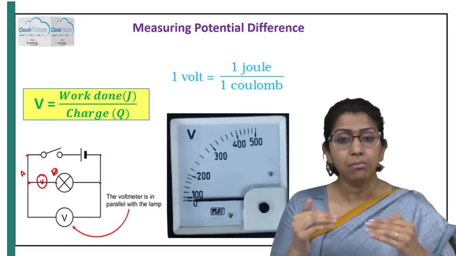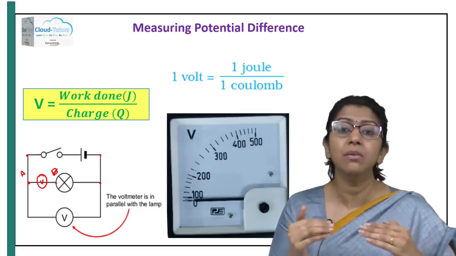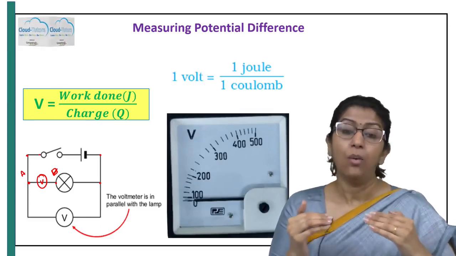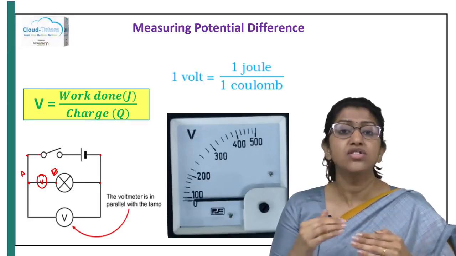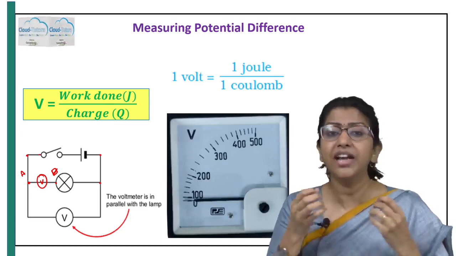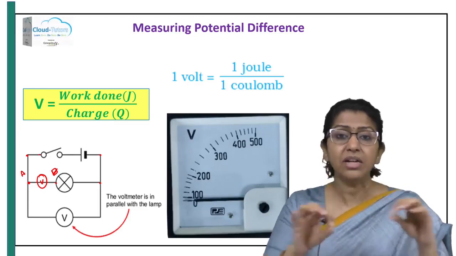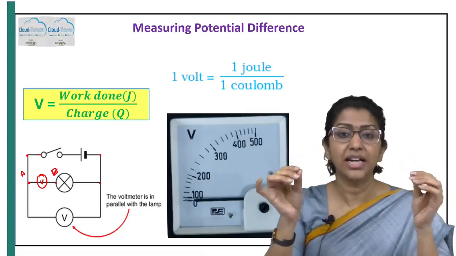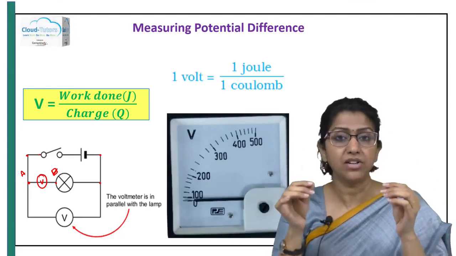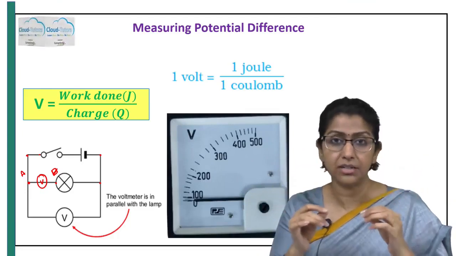And another important thing is that the voltmeter needs to have maximum resistance. Why is this? Because it should allow a very minimum amount of electric current to pass through it, because we will be using normal wires to make the parallel connection of the voltmeter across a given component in the circuit.